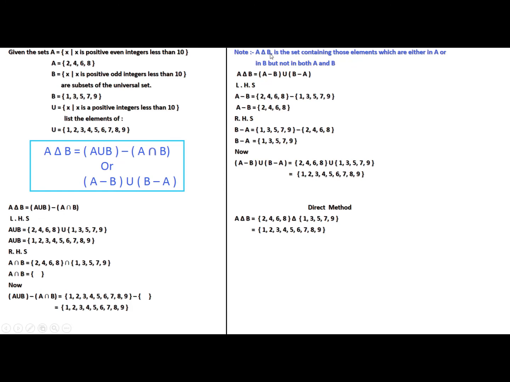Again, A symmetric difference B is the set containing those elements which are either in A or in B but not in both.